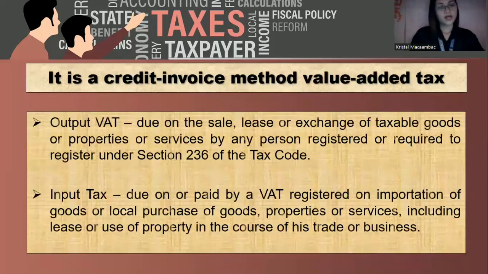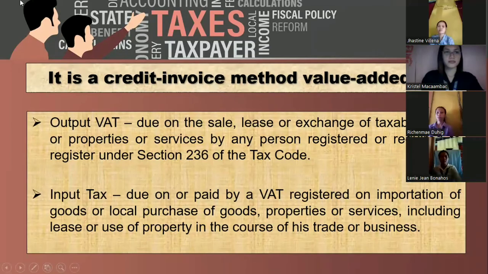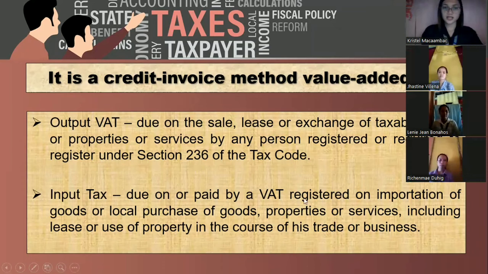So here, output VAT is due on the sale, lease, or exchange of taxable goods or properties or services by any person registered or required to register under Section 236 of the tax code. Then input tax is due on or paid by a VAT registered person on importation of goods or local purchase of goods, properties, or services, including lease or use of property in the course of his trade or business.